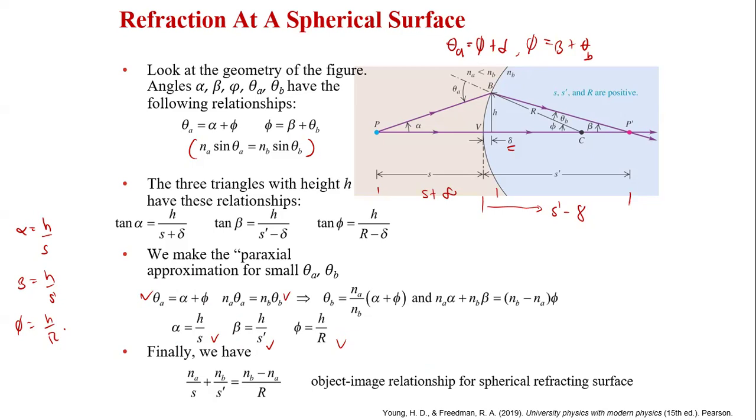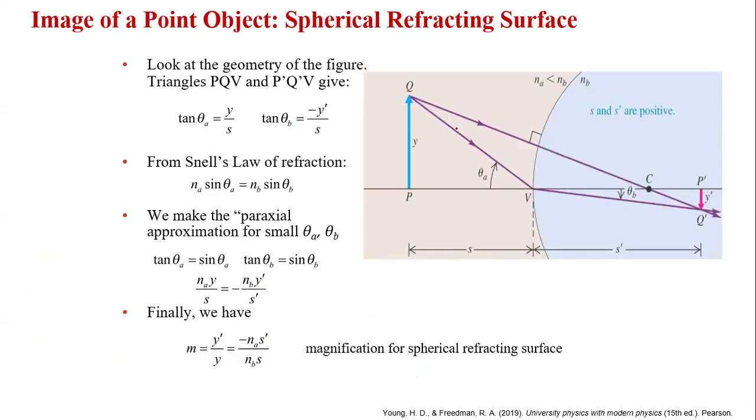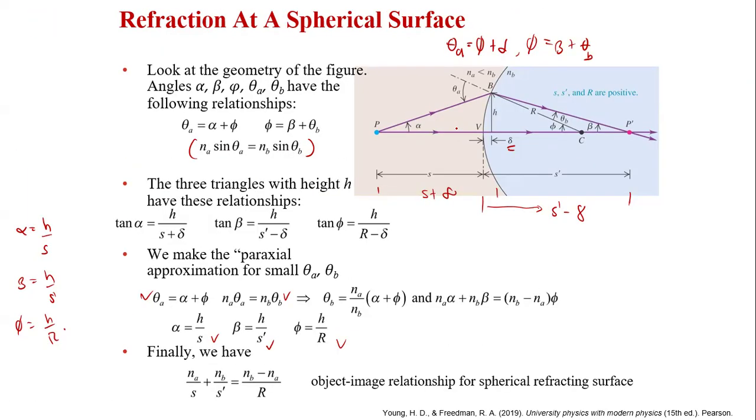Theta B. Okay. So let's try to have this one first. So for small angle, it will become NA theta A is equal to NB theta B for the approximation. Okay. So your theta B will become NA over NB times theta A.